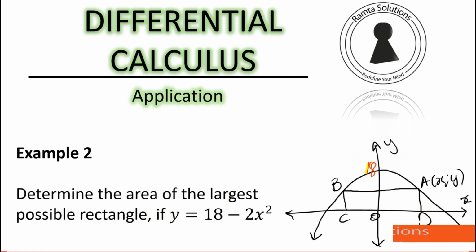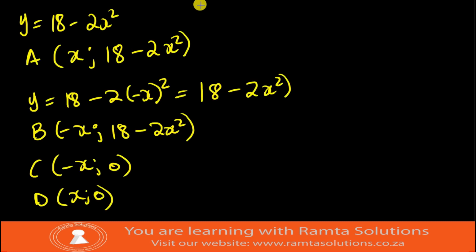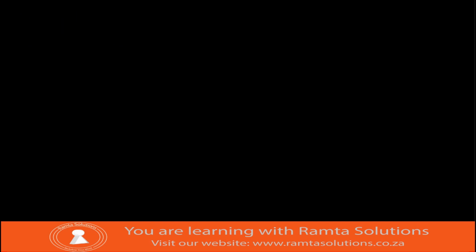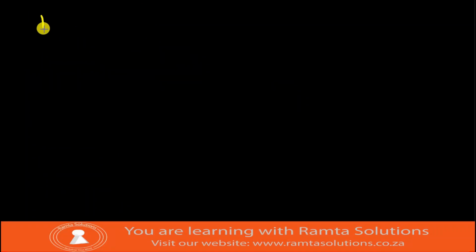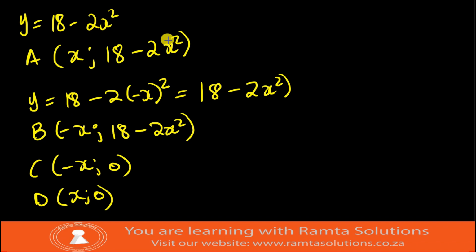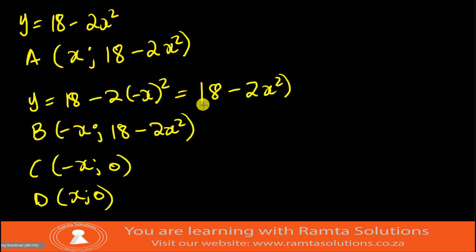Right? So we know that this is a rectangle. So basically we know that for a rectangle, first we need to find the distance BC and the distance AB. Okay, let's find BC. BC, remember, is equal to AD. It is equal to 18 minus 2x squared minus 0.